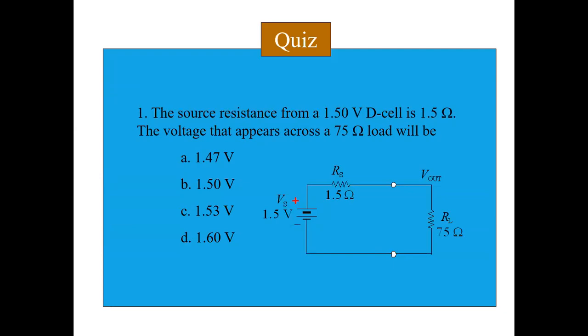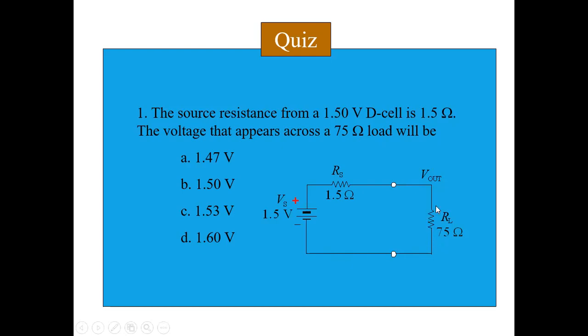So here are some of the quiz questions we are able to solve. The first quiz question: the source resistance from the supply is about 1.5 volt. Here that formation is nothing but the D cell. The voltage that appears across a 75 ohm load will be what?